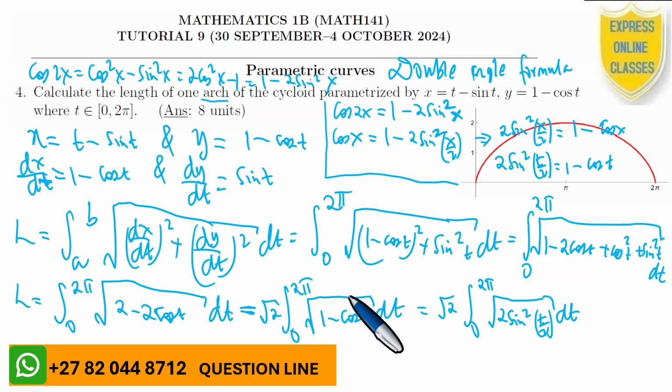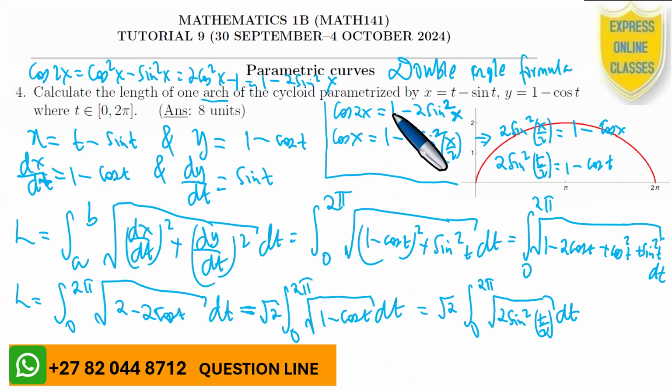Therefore, this becomes so important for us, because these are the double angle formulae for cosine 2x. We're going to use the fact that cosine 2x is 1 minus 2 sine squared x. Why? Because when you transform this cosine 2x, it's able to produce 1 minus cosine t. But now we can write this in terms of half angles, because this is 1 minus cosine t, not 1 minus cosine 2t.